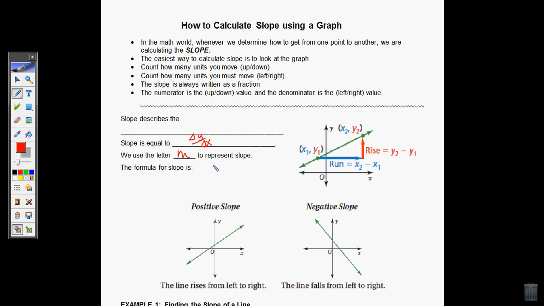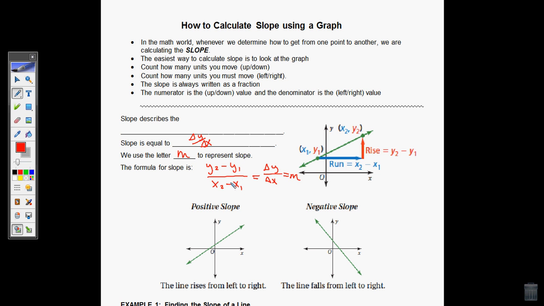So, in the most technical way possible, y2 minus y1 over x2 minus x1 is how we would represent a change in y. So the change from one point to another in the y's over the change from one point to the next in the x's, which is also the way that we describe slope, or m, the letter that we use for slope.